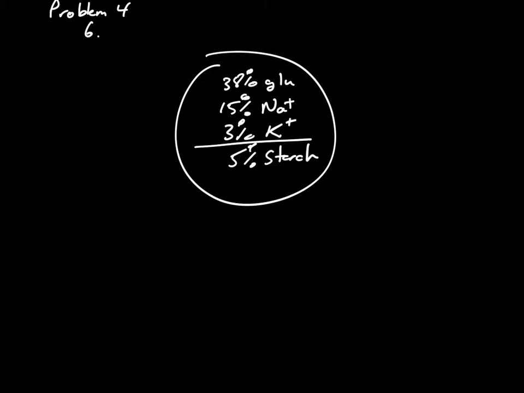All right, so all of these can pass through the membrane according to the problem set directions. Outside we have 40% glucose outside the membrane and 20% sodium and 1% potassium.